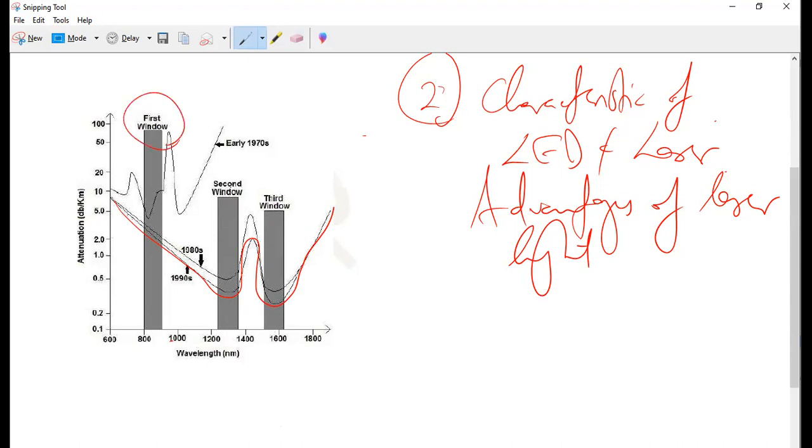You also need to understand the first window, second window and third window. I'll leave that to you. Another thing, you need to understand that at this point there is low attenuation, and at this point there is low attenuation. You need to know the corresponding wavelengths.